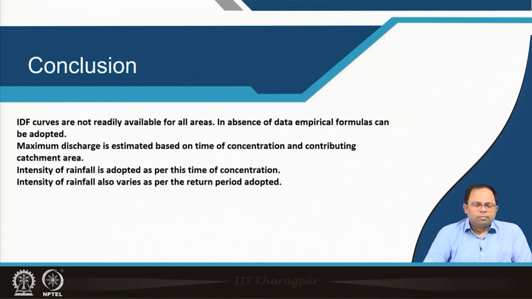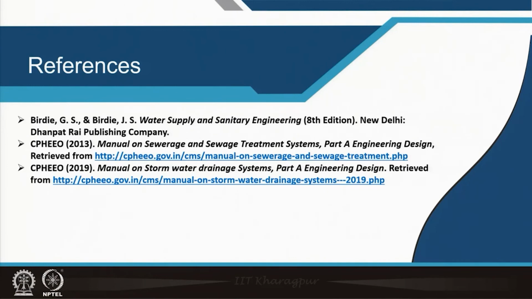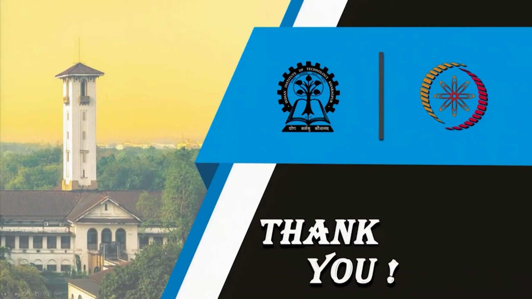So, these are the few points that you can consider when you determine IDF curves and select a return period, and also use it for determining the time of concentration and, of course, the intensity of rainfall for that time of concentration. These are the references you can use. Thank you.